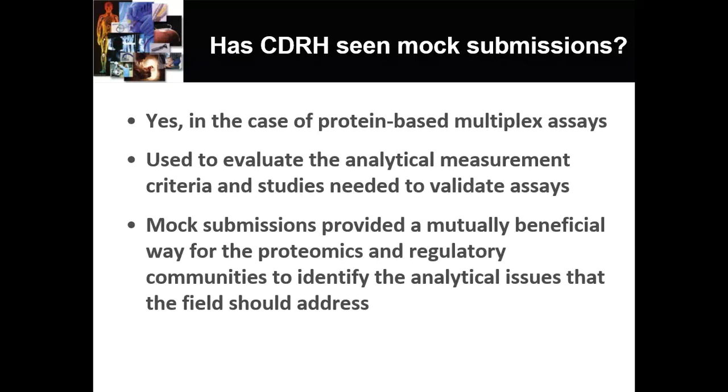And so mock submissions were used to evaluate what criteria and what sorts of studies would be needed to validate those devices. And you will, I believe, hear how mock submissions provided a mutually beneficial way for the device developers and our regulatory communities to identify those issues that the field should address.